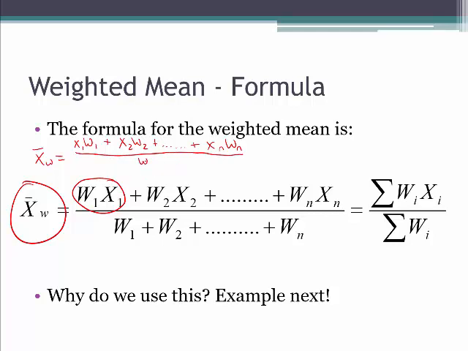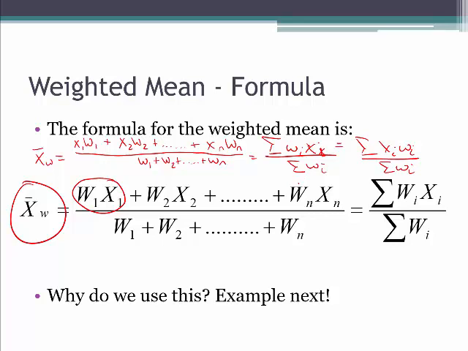You divide then by the sum of the weights. So we denote this in shorthand notation here. It's the sum of each weighting variable times the original variable, x sub i, or original variable times its weight, doesn't matter which way you do it, divided by the sum of the weights.